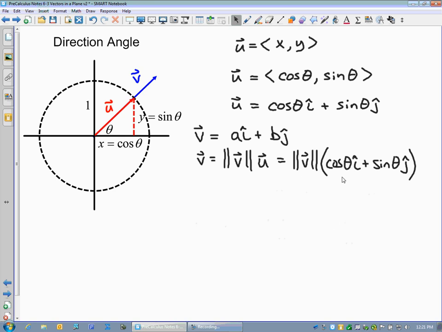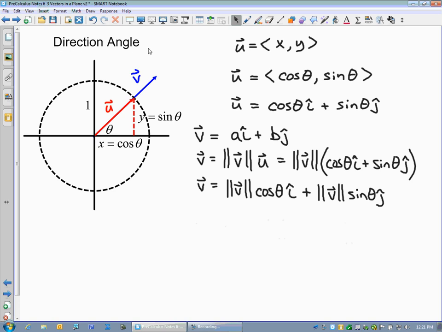Then I'm simply going to take that magnitude, which is a scalar, by the way, and distribute it. So vector v is going to be the magnitude times cosine theta i hat plus the magnitude times sine theta j hat. All right, so we have different ways we can write u and different ways we can write v.